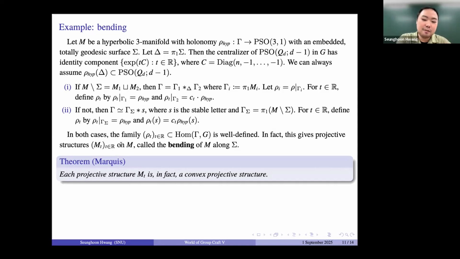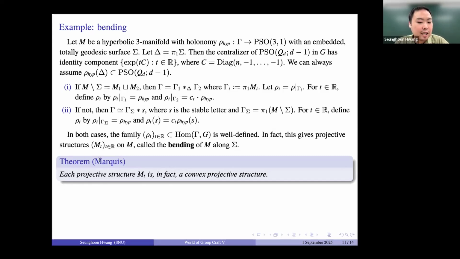You can always deform a hyperbolic three-manifold along an embedded totally geodesic surface Sigma, if there is any, and the resulting structures are called bending of M along Sigma. In fact, we have a one-parameter family of deformations, and Johnson and Millson found out that these deformations give projective structures that are never hyperbolic except at the initial structure.